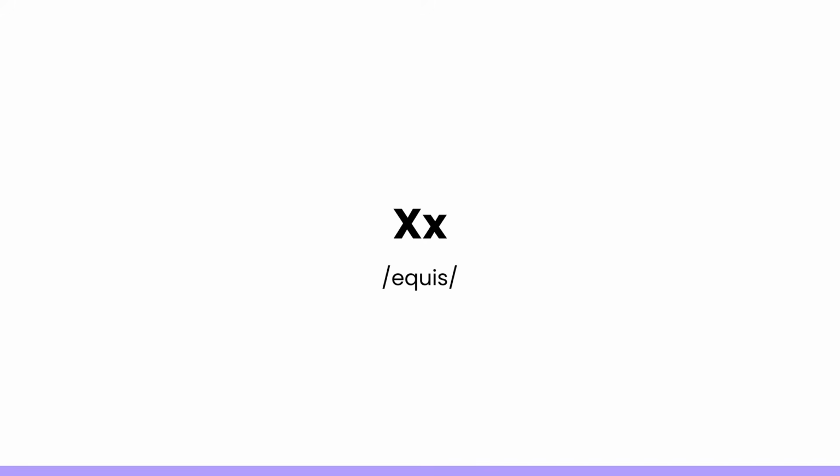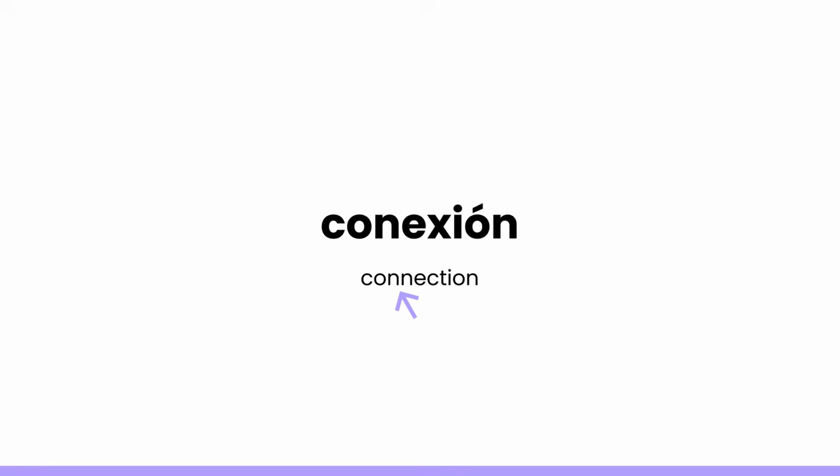And the X also sometimes sounds a bit like the C that we learned before. So for example, connection. Conexión. And what I also think is important for you to notice here is that in English we see two N's next to each other, which the N is a consonant. That's the grammatical term of how to describe the N. So an N is a consonant, and the O and the E and the I are vowels.